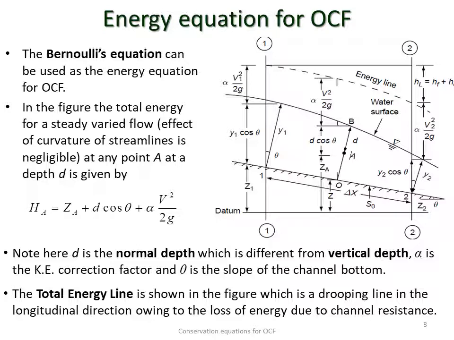In the figure, note that the total energy line is shown by a dotted line at the top. This dotted line is a drooping line in the longitudinal direction, and the line drops because there is a loss of energy, due to the channel resistance and some other factors.